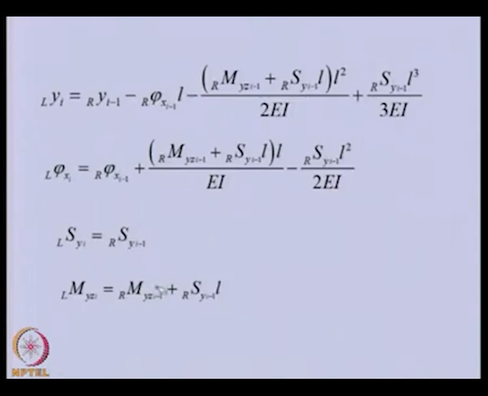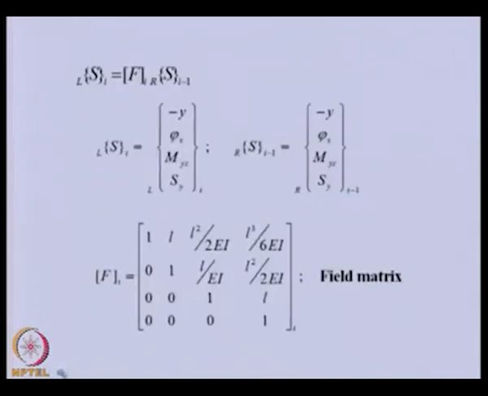Now we can rearrange these equations and put them in matrix form. Basically we are stacking the state vector like this: first linear displacement, with the minus sign we are taking so that in the matrix all the terms are positive, then angular displacement, bending moment, and shear force.